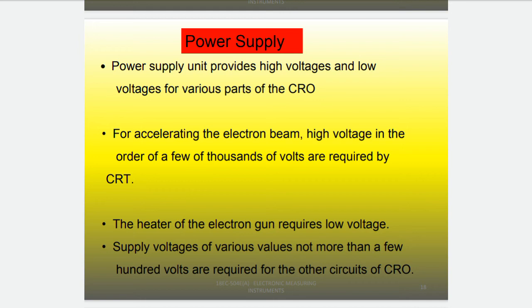The HV supply, of the order of 1000 to 1500 volts, is required by the CRT, and the heater of the electron gun requires low voltage, of the order of hundreds of volts, a positive voltage, which is required by the remaining parts of the CRT.